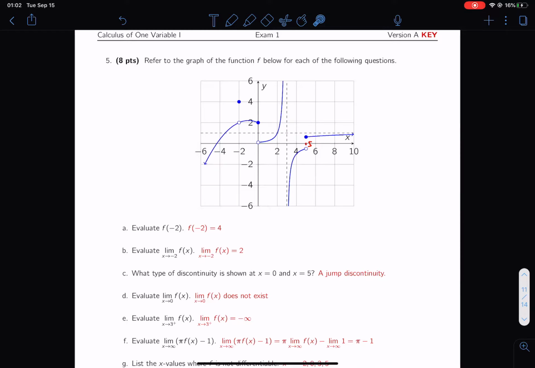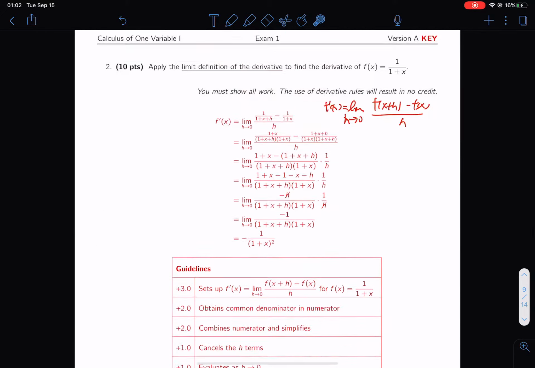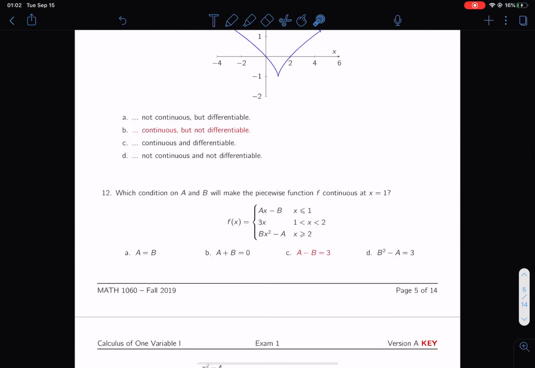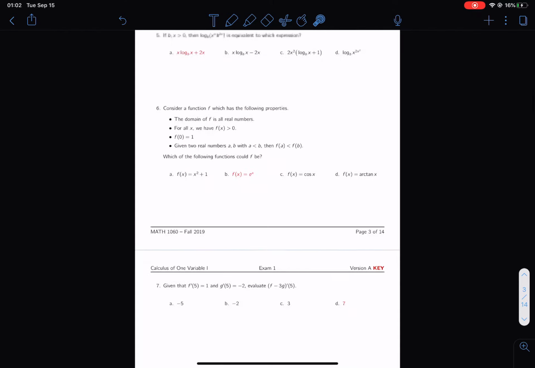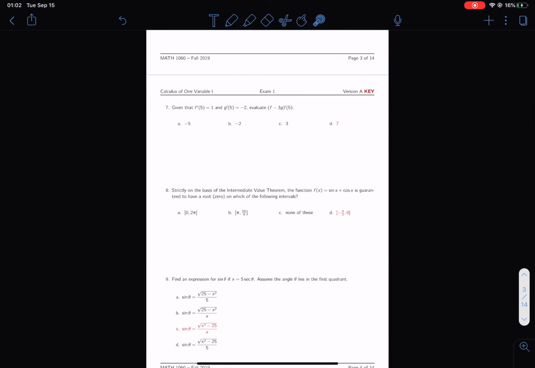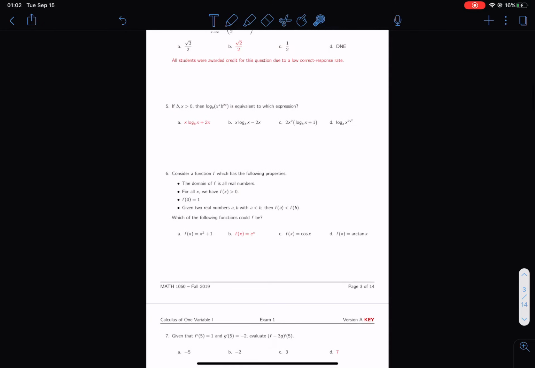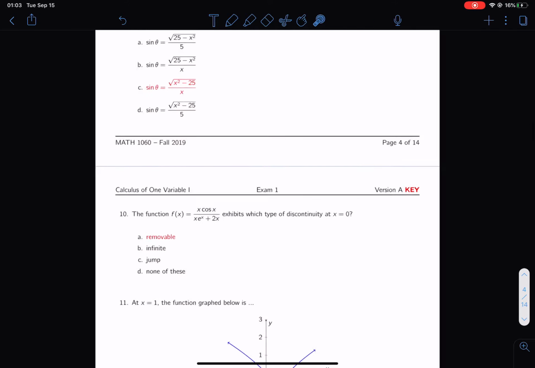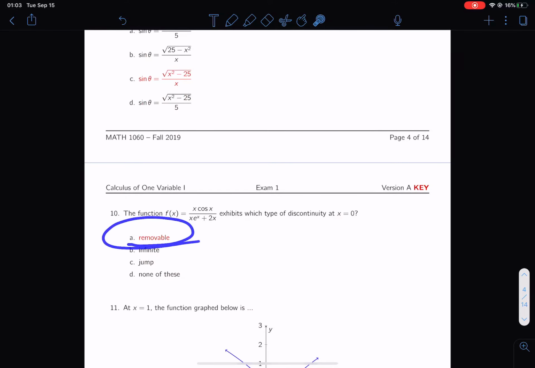And the yellow one is different from the blue one. The blue one is the first case, removable.